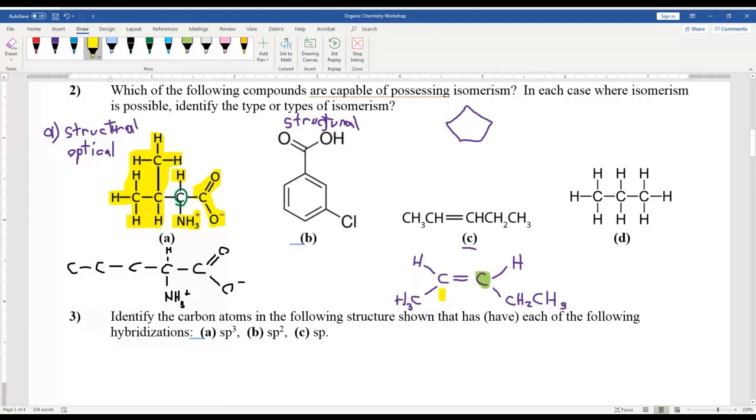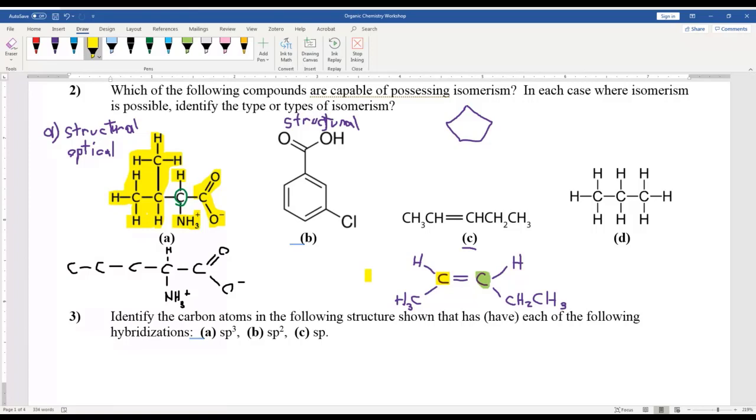And are there two different groups attached to the left-hand double bonded carbon? Yes. So even though the left-hand one and the right-hand one have one in common, the hydrogen, each of those double bonded carbons has two different groups. And therefore, can this have geometric isomerism? Yes, it can have what's known as cis trans isomerism. If the two hydrogens are on the same side, it's cis. If they're on the opposite side, it's trans.